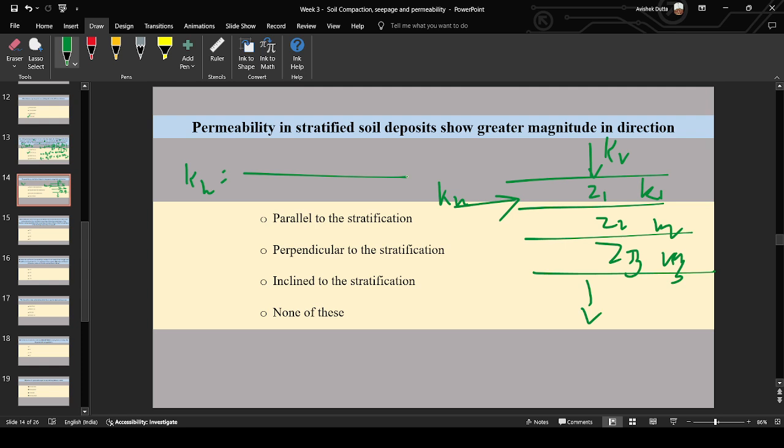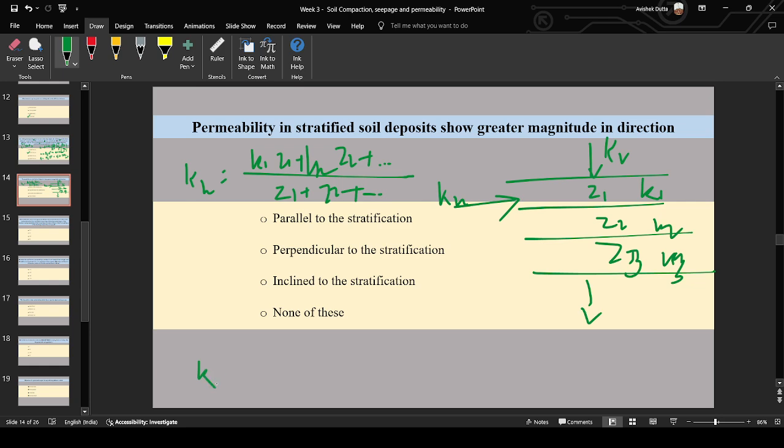KH is the weighted arithmetic mean: K1 Z1 plus K2 Z2 plus up to Kn Zn, divided by the total thickness Z1 plus Z2 plus up to Zn.